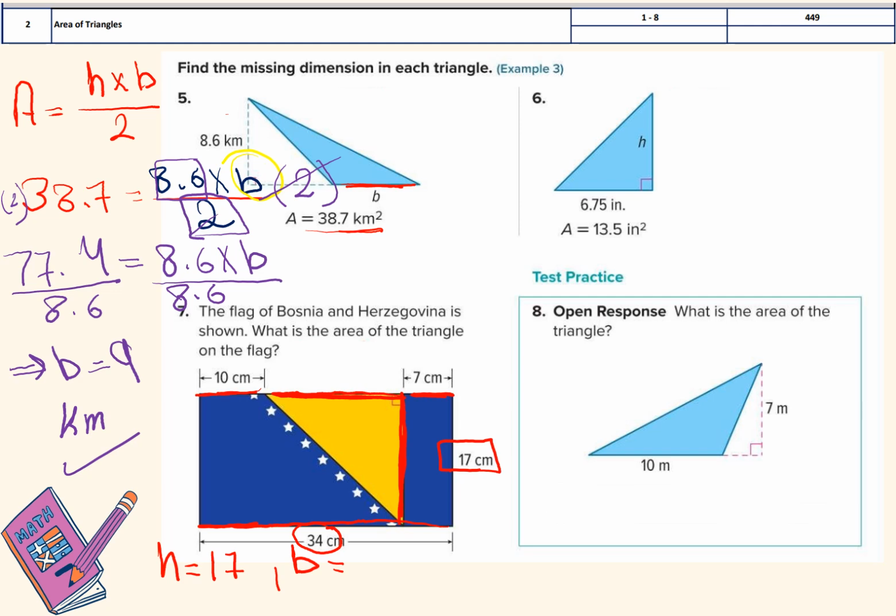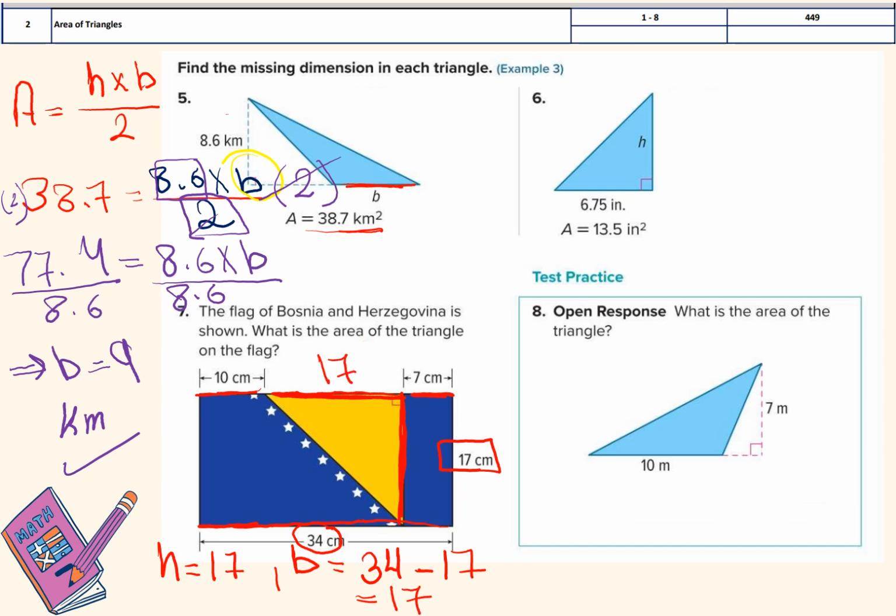So we need to subtract 7 and 10 from 34 to find the base of the triangle. So that means I'm going to subtract 17 from 34. 7 plus 10 is 17. 34 minus 17. The answer is going to be 17. So this is the base.